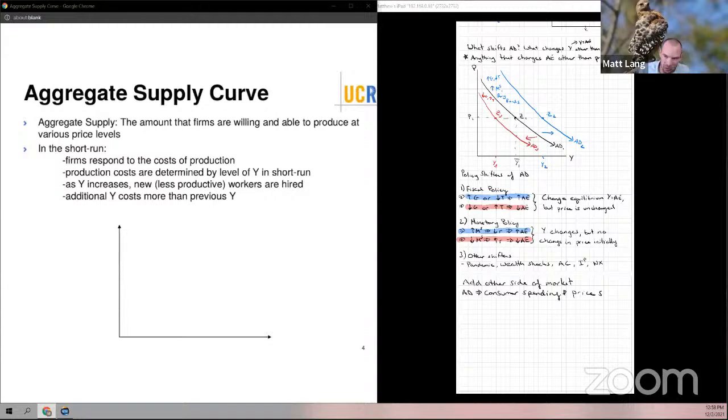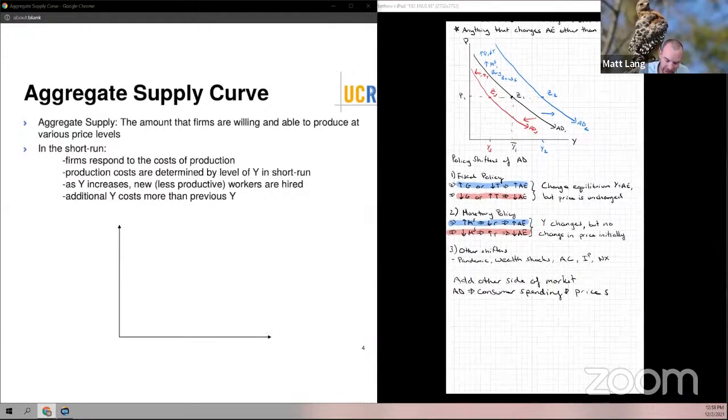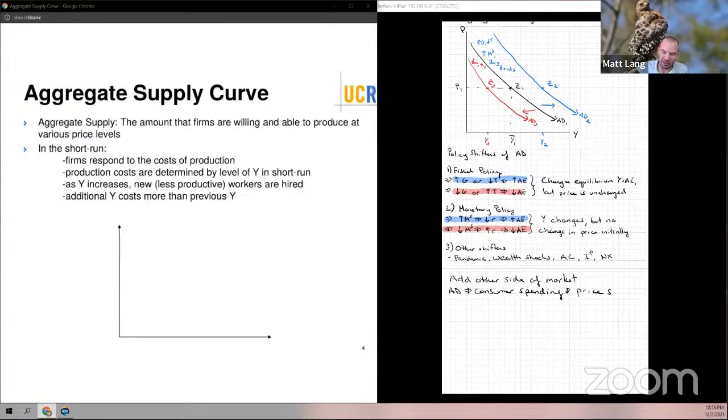But what we've kind of ignored, and it's been kind of subtle throughout this entire term, is that we need to ask, how will firms change production, their production level Y, in response to the general level of prices P, right?